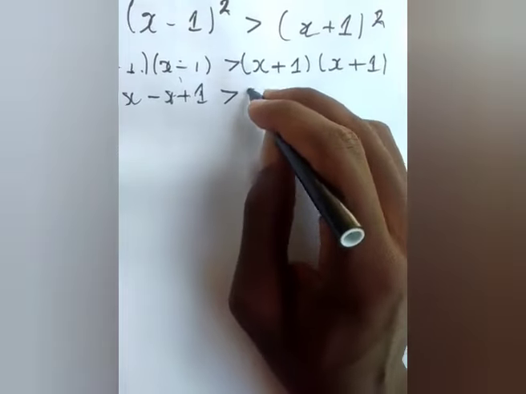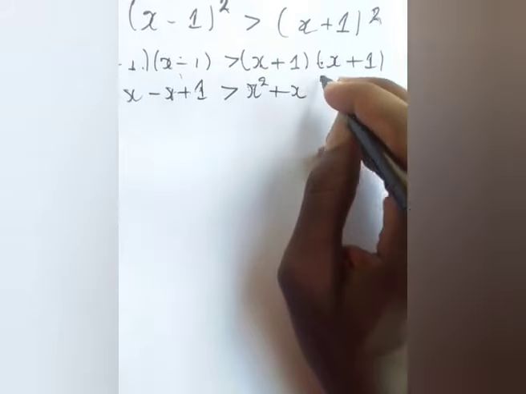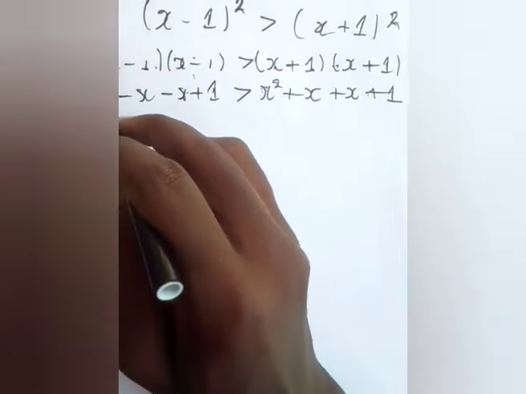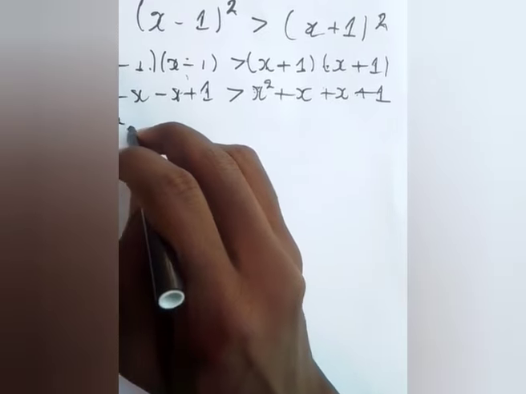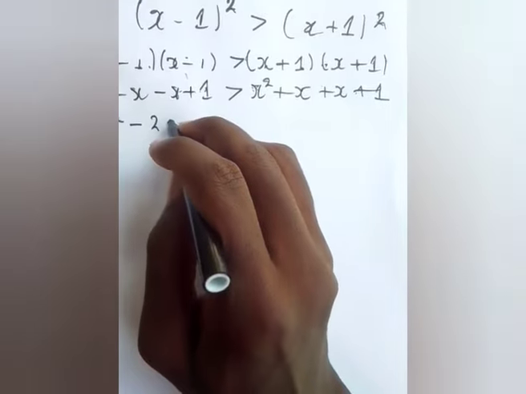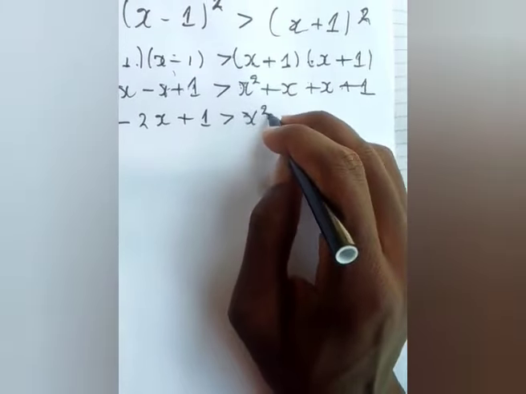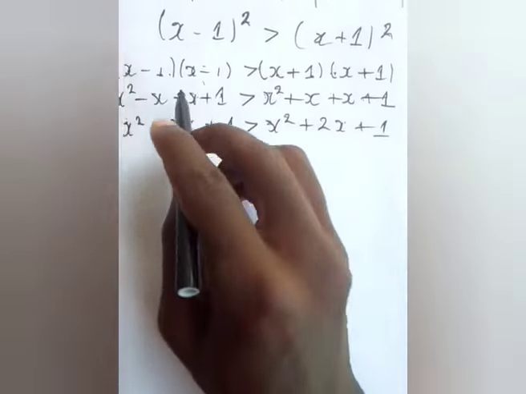That is this times that, x power 2 plus x plus 1, right? So here is basically like we have x power 2 minus 2x plus 1, and x power 2 plus 2x plus 1. We're just expanding.